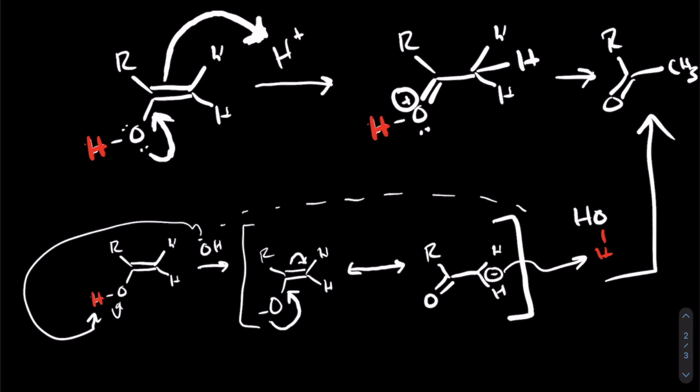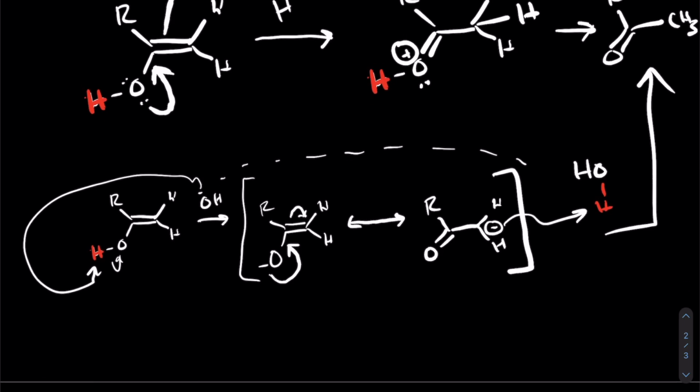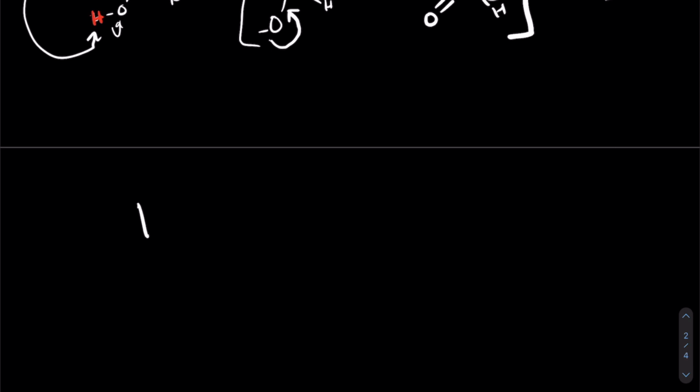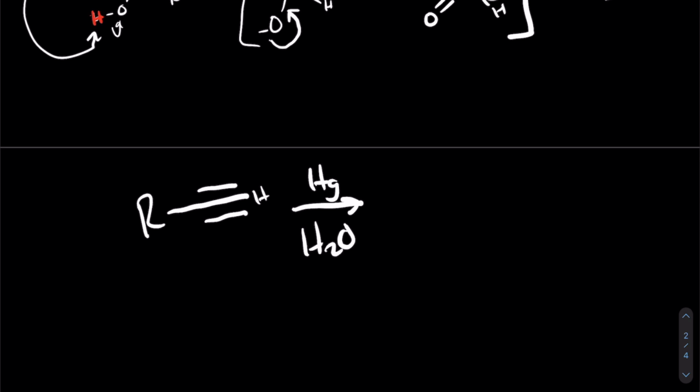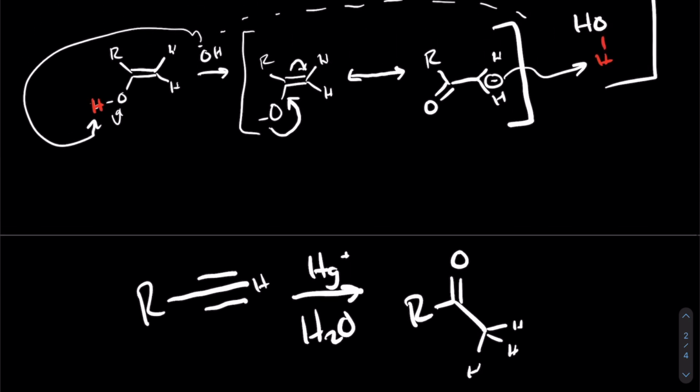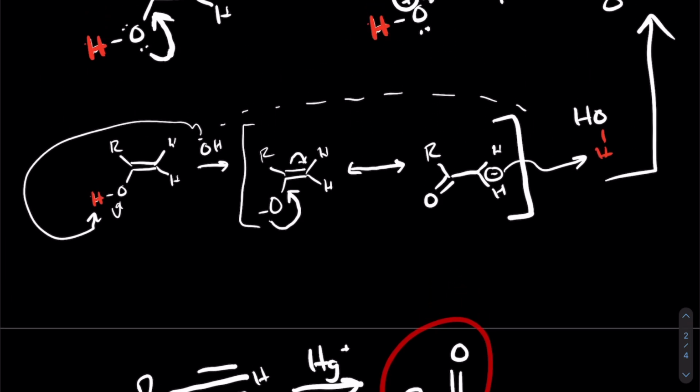All right, so the ultimate product that you end up with, having stepped that through, now I'm going to just once again draw the very simple reaction. If I were to say you've got an alkene, and this is going to be a terminal alkene, and we're going to do it with mercury in the presence of water. That's mercury salt. Your final product is actually a Markovnikov looking acetone, ketone, right?